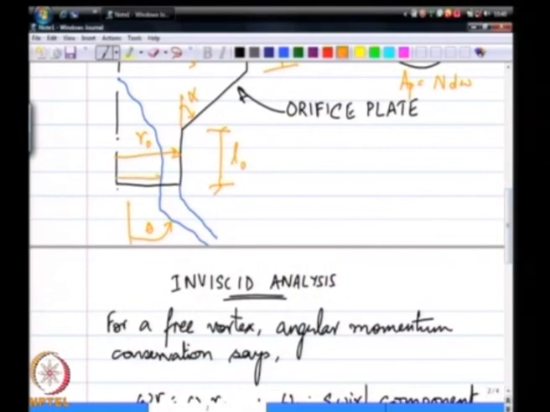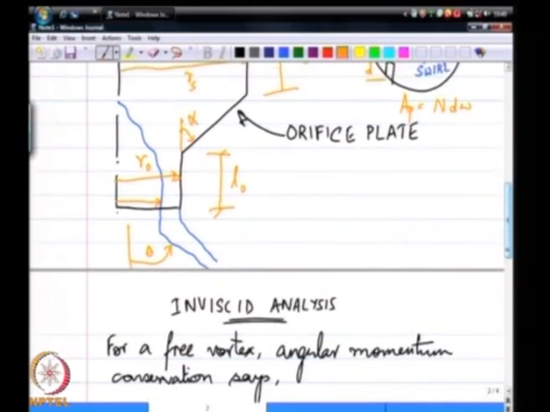What that means, what I have shown here in blue is the air core itself. And I am going to call the air core radius as ROA.